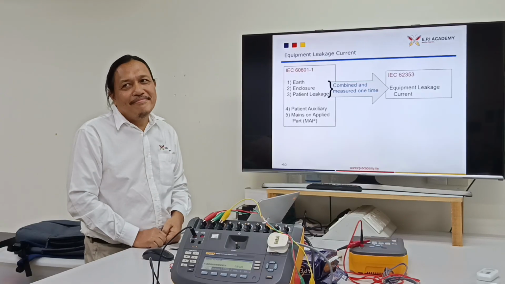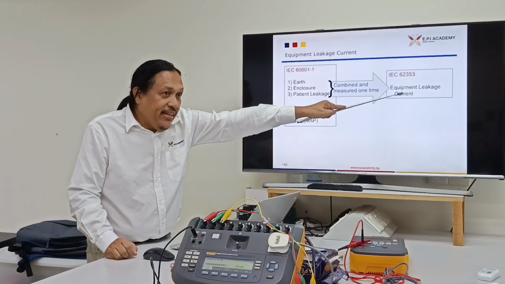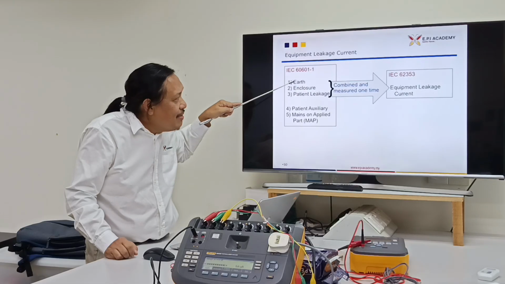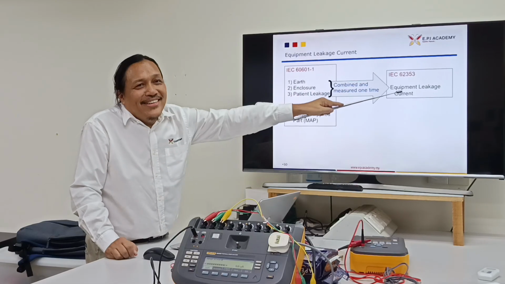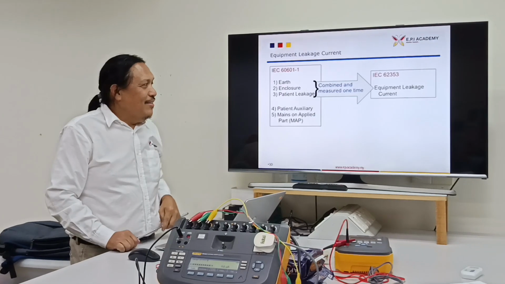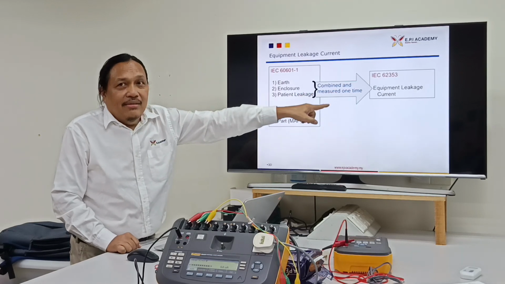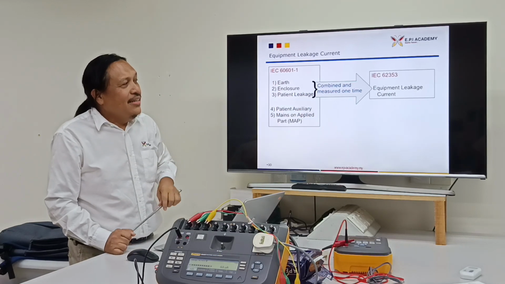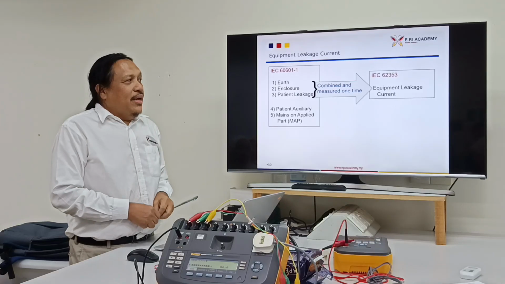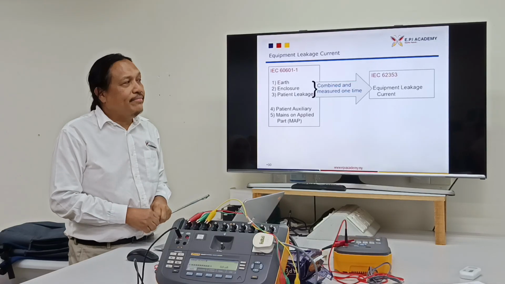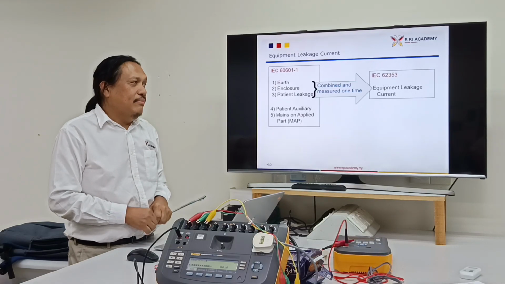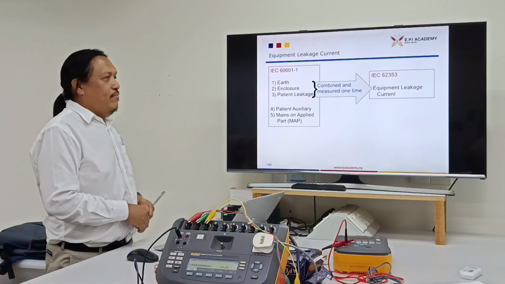So is there an earth leakage there? Yes. How about enclosure leakage? Yes, it's there. So all of these three leakages are now called equipment leakage current.